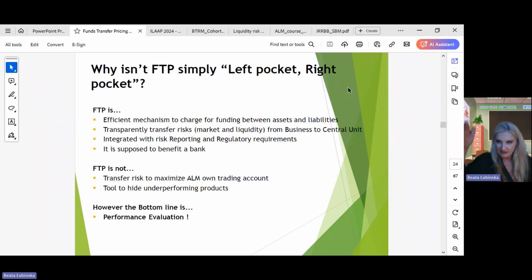It's true that there is one NII, but if you underprice certain products or overprice another group, and this is not a strategic decision but comes from a wrong FTP framework, you will be driving detrimental decisions and behavior of the balance sheet. You will start shaping the balance sheet, encouraging wrong behaviors.